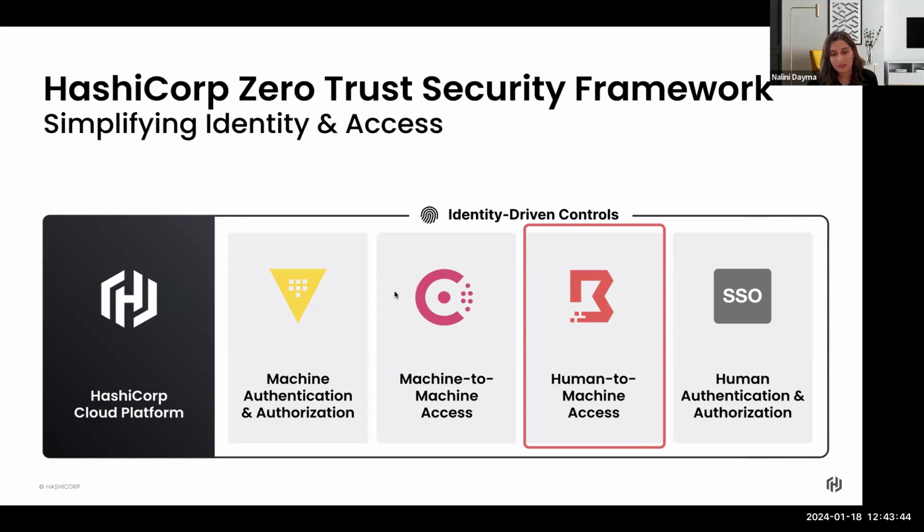The third element is machine-to-machine access, meaning there is application A and it needs to connect to database A, but you don't necessarily need application B to connect to your application A database, right? So how do you control that sort of machine-to-machine authentication?